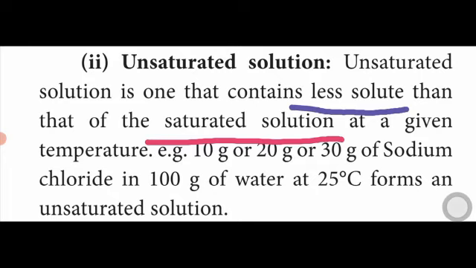Compared to saturated, the unsaturated solution contains a lesser amount of solute particles, that means 10, 20, or 30 grams of sodium chloride dissolved in 100 grams of water. This type of solution is called an unsaturated solution.